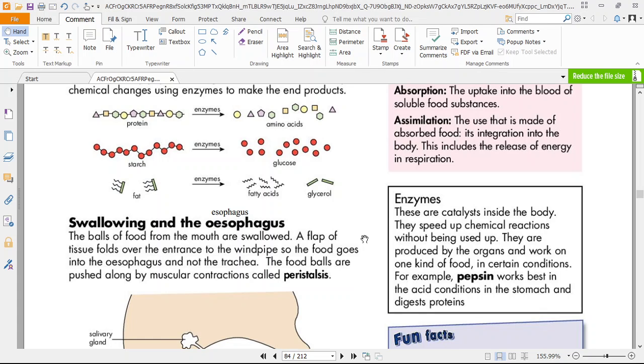Especially when mommy or daddy forget to buy a new toothpaste. That's how the food is squeezed and pushed to the stomach in the esophagus, and we call that process peristalsis.